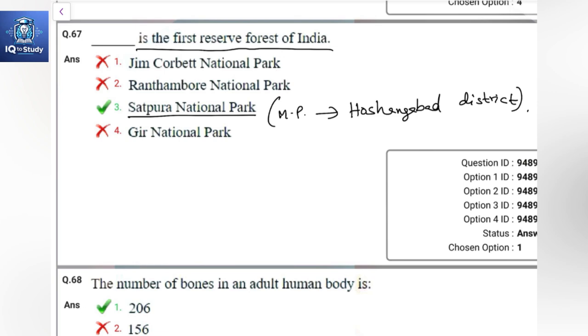And Jim Corbett National Park is in Uttarakhand, and Ranthambore National Park is in Rajasthan and Gir National Park is in Gujarat and Satpura National Park is in Madhya Pradesh.